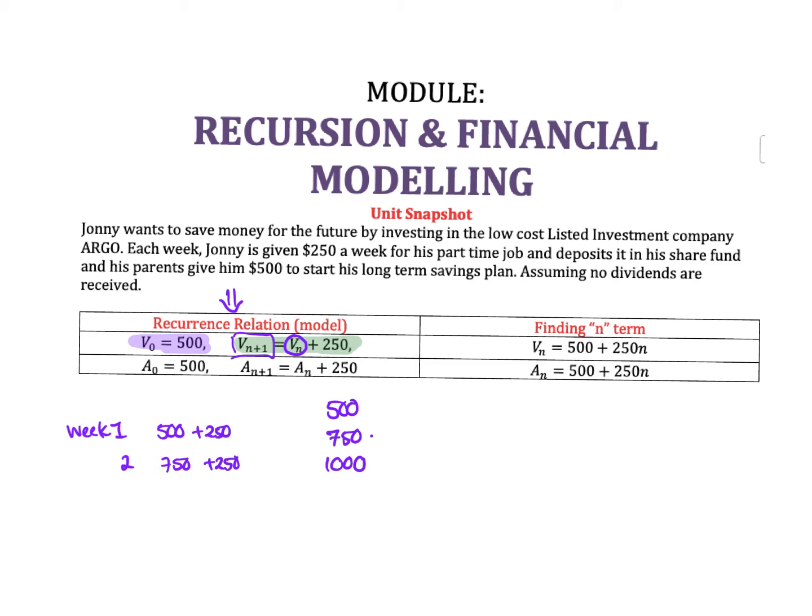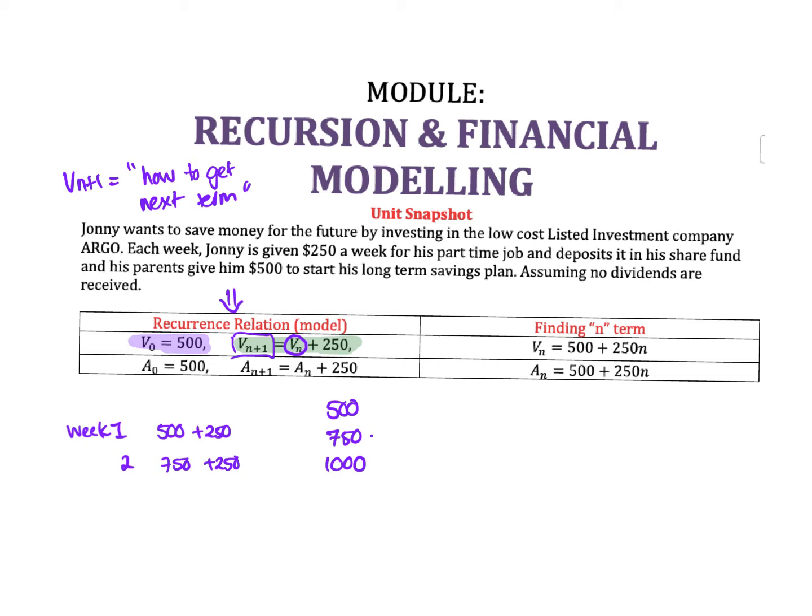If you want, you can write V at n plus 1, which is just how to get the next term. That's what recursion is: using a formula to get the next term. So that's what a recurrence relation is, where they give you the beginning and then they give you a rule on how to get the next term.